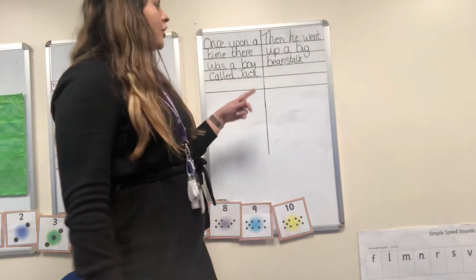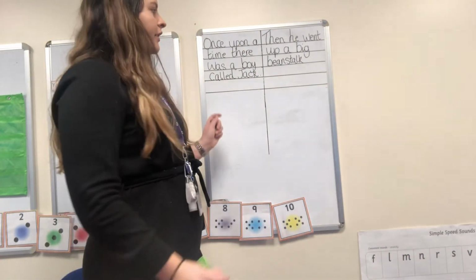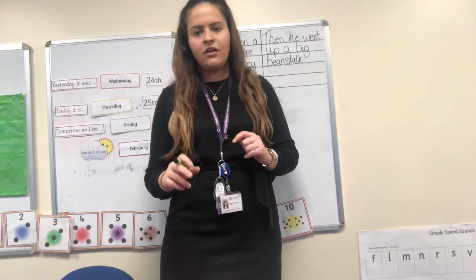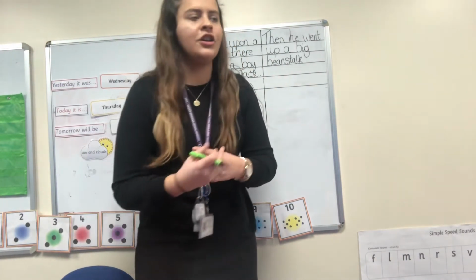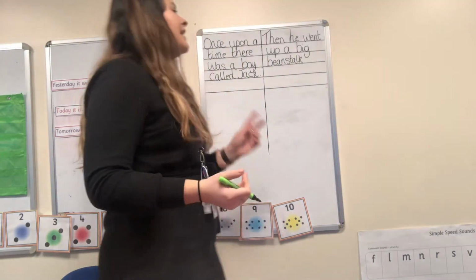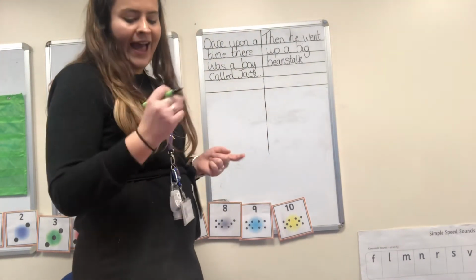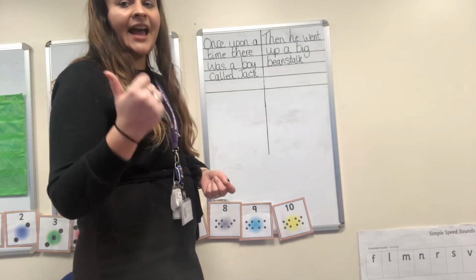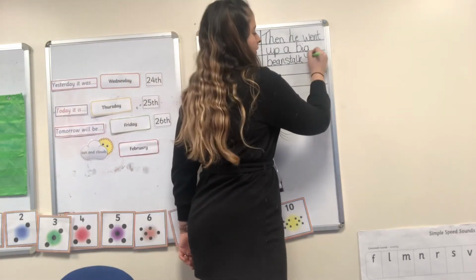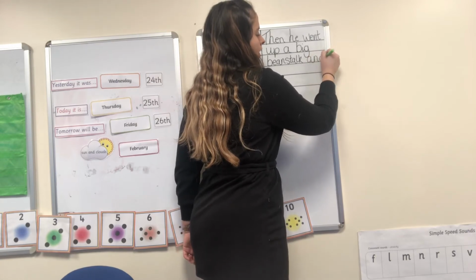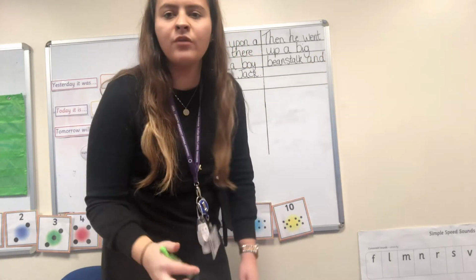Then he went up a big beanstalk, and you can make it a little bit longer and say, and found a castle, or you could say something about the castle, okay? So I'm going to just put a little bit more. So, and, we know how to spell and, found.